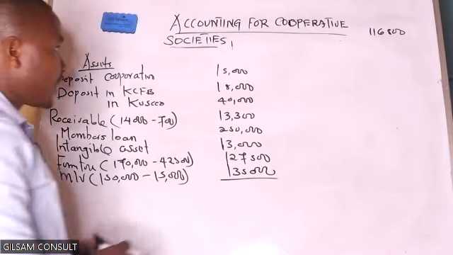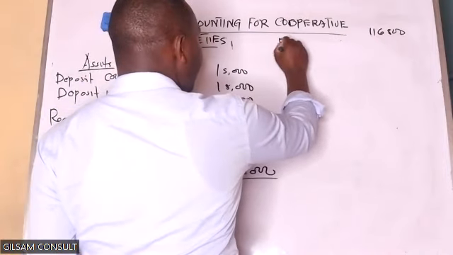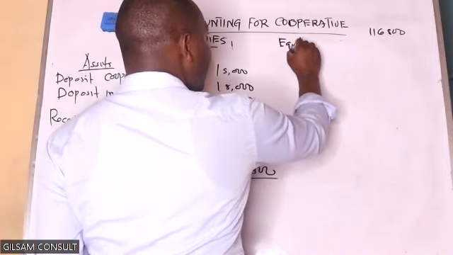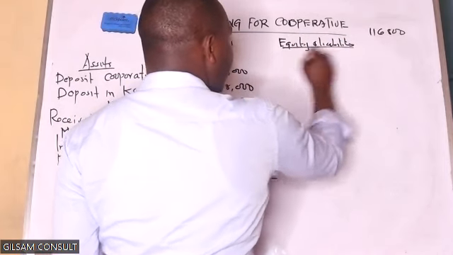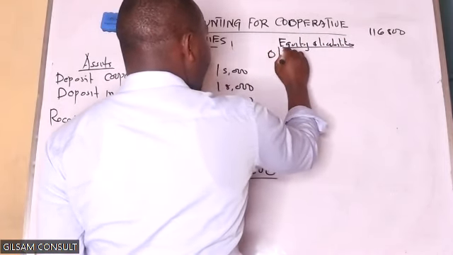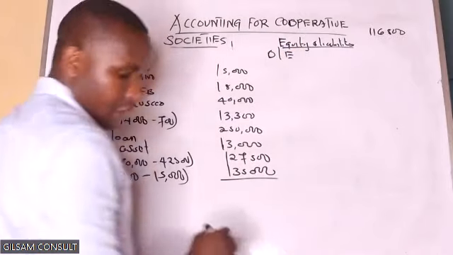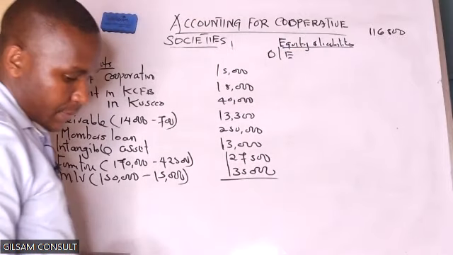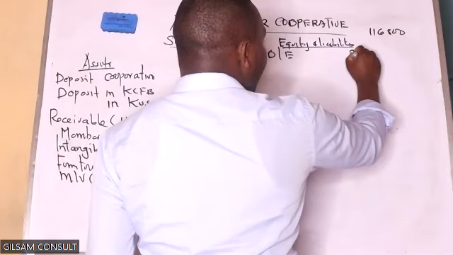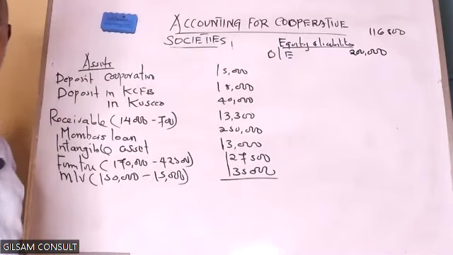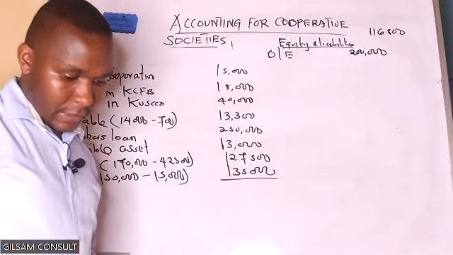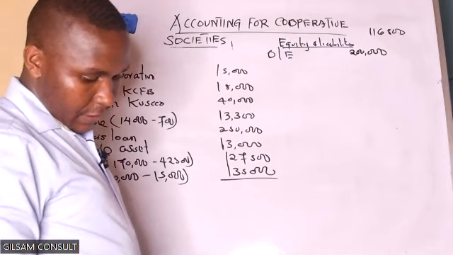We have equity and liability. Ordinary shares, how much? 200,000. What else do we have? The retained earning.